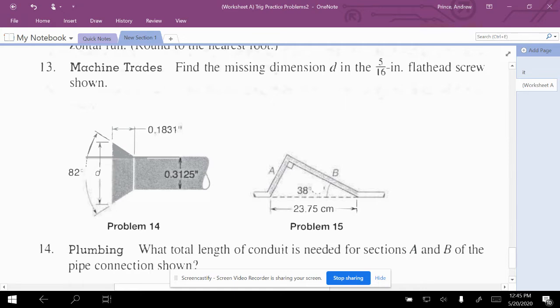So that being said, and with that understanding, we'll talk about this angle here. So the 82 degrees. This 82 degrees is kind of the same idea. It's just from this line here to this line here. And that line could start way back here and come out as far as you want, and that angle would never change.